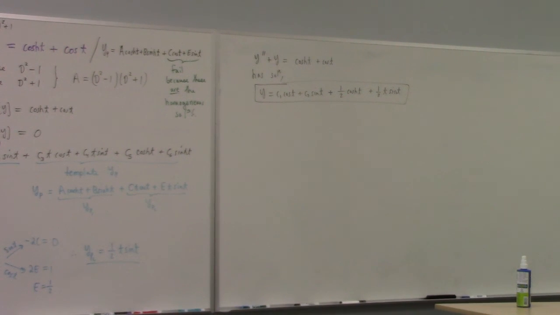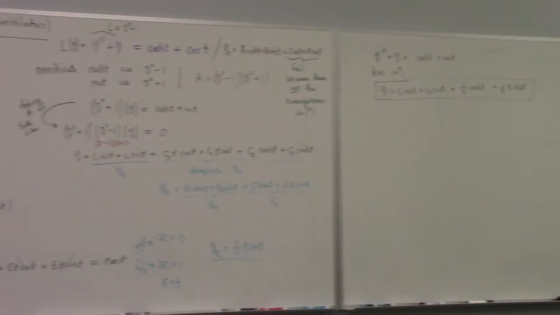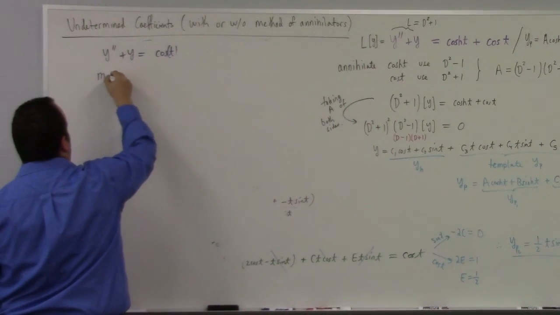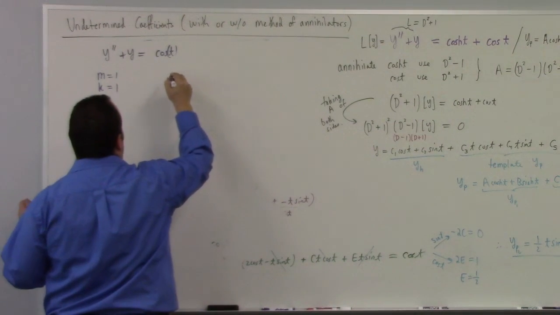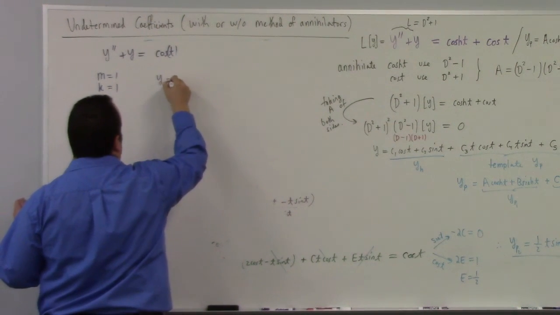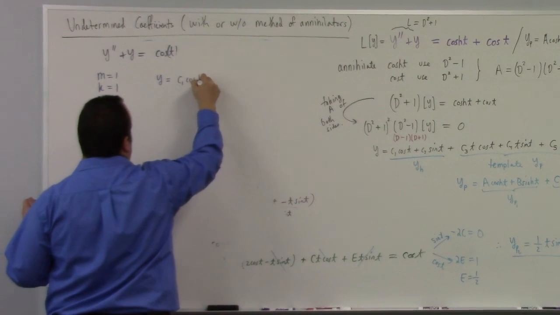I want to talk more about applications some other day, but I would just point this out. y'' + y = 2 cosine t has the interpretation of, so this is like mass equal to 1, spring constant equal to 1, and we just found the solution like this, right?